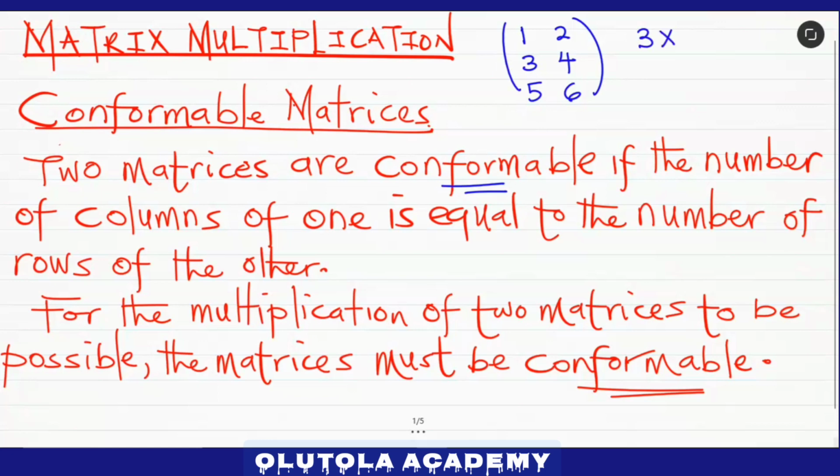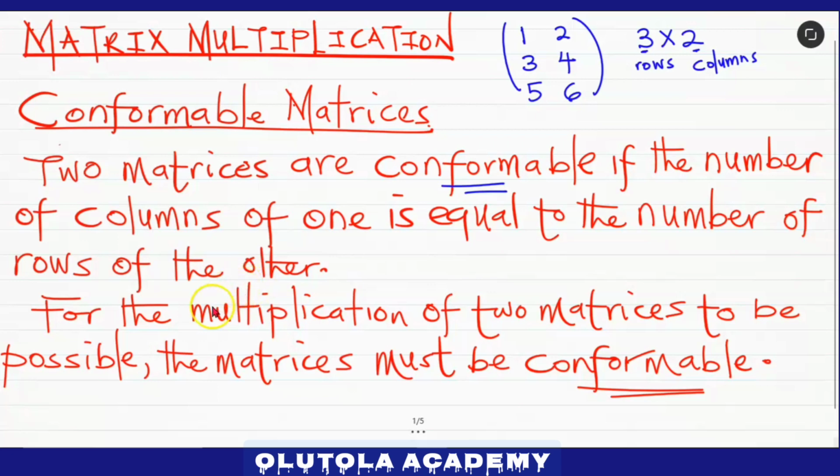The 3 stands for the number of rows, and the 2 stands for the number of columns. So two matrices are conformable if the number of columns of one is equal to the number of rows of the other.